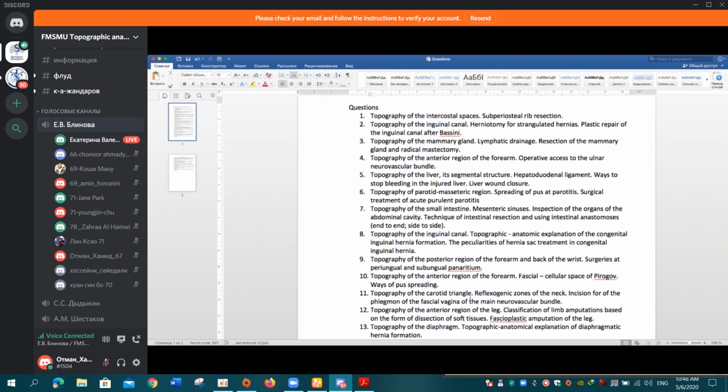The liver has some ligaments: the coronary ligament, falciform ligament, teres ligament, and hepatoduodenal ligament. The hepatoduodenal ligament contains the portal vein, hepatic artery, and bile duct.